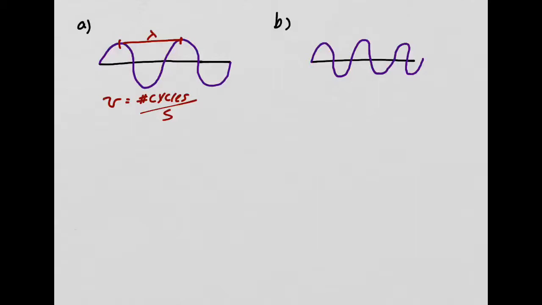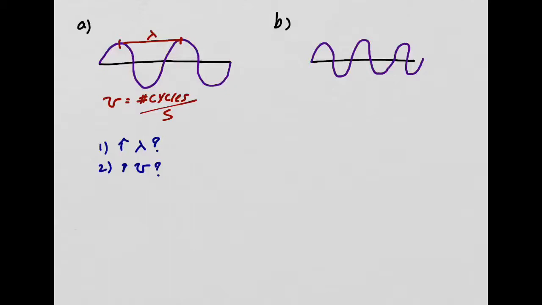Okay. Now, here's what I want you to do. I want you to tell someone next to you, even if you have a roommate, whoever you can find right now next to you. Which one has a higher wavelength, A or B? And which one has a higher frequency, A or B? Okay? Alright, tell me the answer. Which one is going to have a higher wavelength?